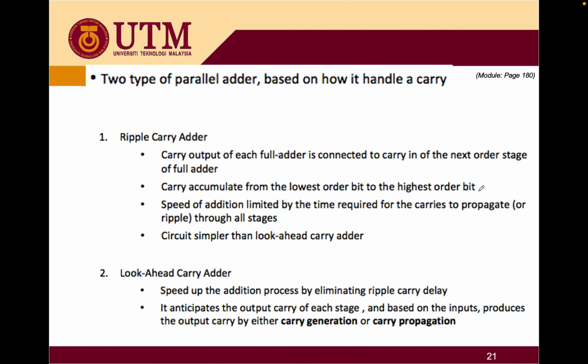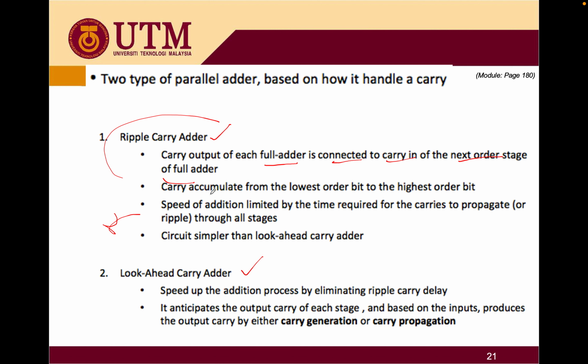There are two types of parallel adder based on how they handle carry. You have the ripple carry adder and also the look ahead carry adder. So you need to know the difference between them. You can read: the carry out of each full adder is connected to the carry in of the next higher order stage of the full adder, which is basically quite similar to our parallel adder.